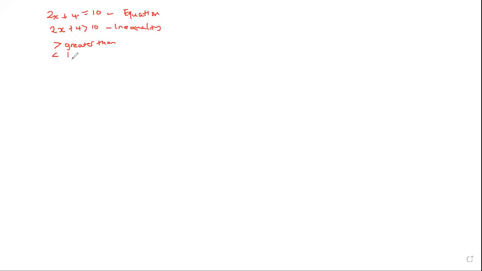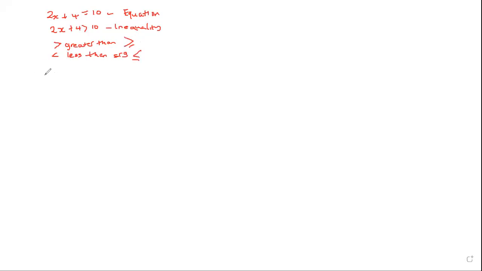What about this one? This one is greater than or equal to. This is less than or equal to. I think we are going to use these signs.